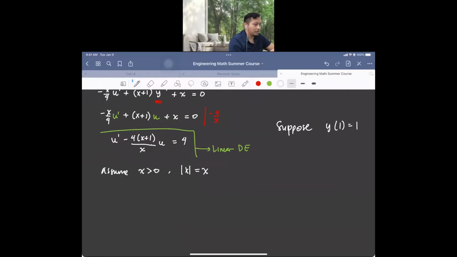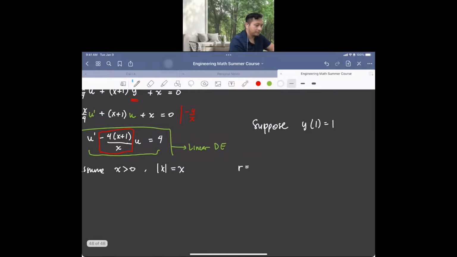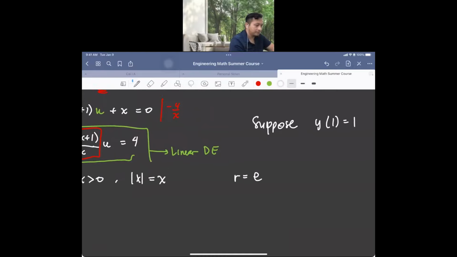We may compute the linear differential equation, and remember that this part here, the negative 4 times something, is going to be our p in the linear differential equation. So we can find the integrating factor.